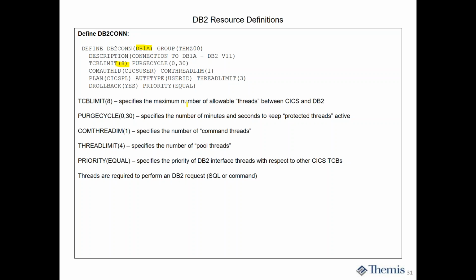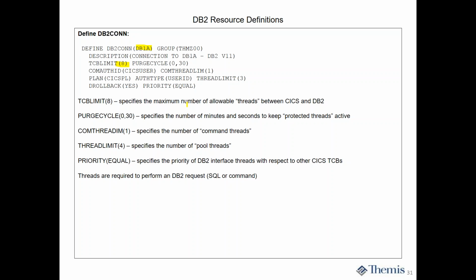If you are at the limit or above, you're going to see some messages at startup that say you can never use all these TCBs. In other words, if I said TCB limit of 50, but my MAXOPENTCBS was only 40, I'm going to get an error. Well, I shouldn't say that, a warning at startup. And DB2 would never be able to use more than 40.